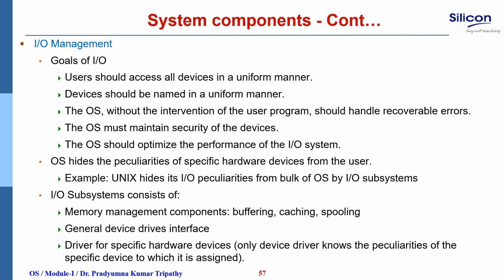First, they should have uniform naming, like every device has a unique number. It is not that one is a character and one is a number. So there should be a uniform way of naming and a uniform way of accessing those. Some errors might occur, and the operating system should be capable of recovering from those errors without intervention of the user program.